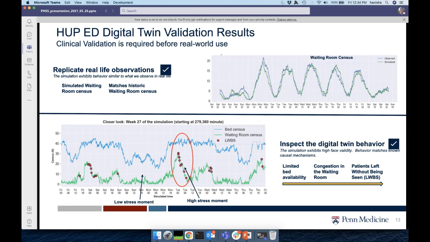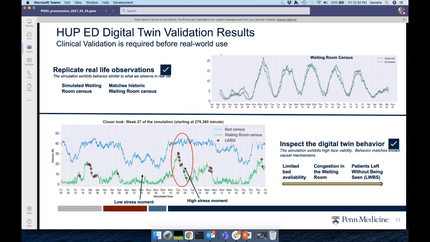Okay, so after we build these simulations, we need to validate that we can believe and take action upon the results that come out of it. So 2 different styles of validation that we do: first, can we recreate real life with our simulation. Here at the top we have the waiting room census, how many people are in the waiting room over the course of some time period.